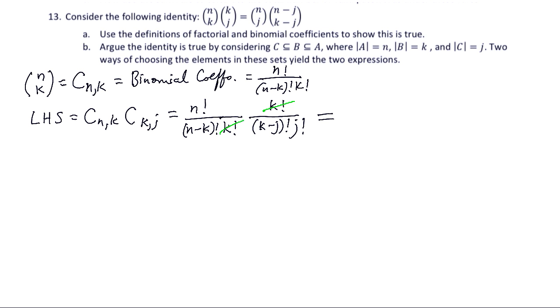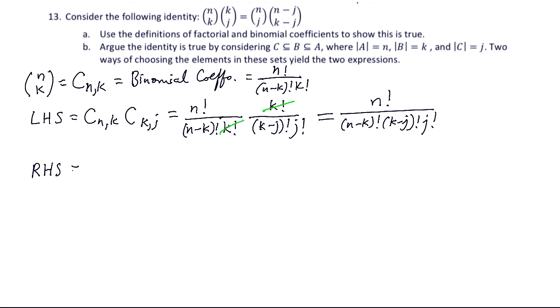And so what I'm going to do is I'm just going to go ahead and write the numerator n factorial all over n minus k factorial, k minus j factorial, and j factorial. I think I'm going to leave that one the way it is and work on the right-hand side now.